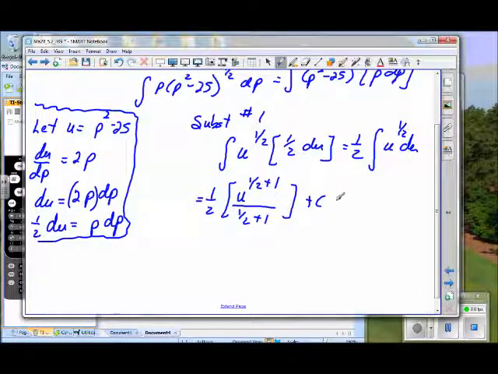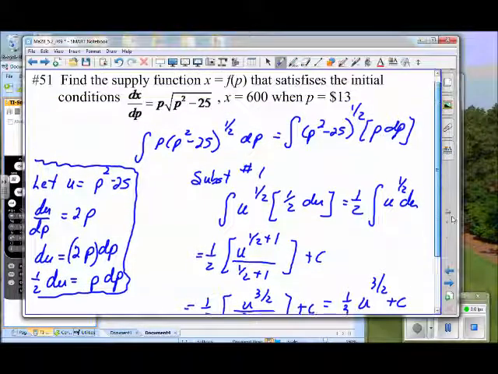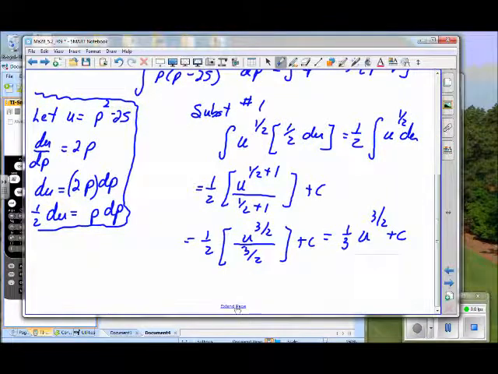So I'm going to have 1/2, and then in here is going to be u to the 3/2 divided by 3/2 plus c. If I invert and multiply, I'd be multiplying by 2/3, so I end up with 1/3 u to the 3/2 plus c. Again, I cannot leave it in that form because the original problem is in an input variable of p.